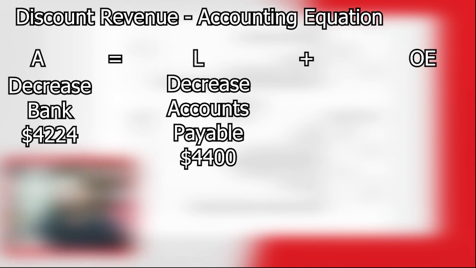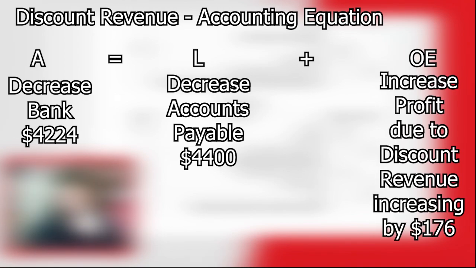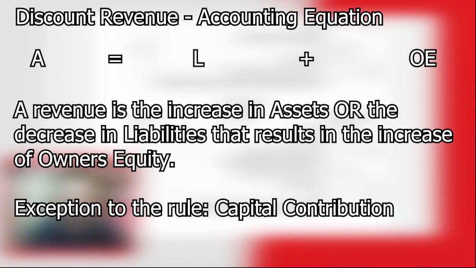But the discrepancy of 176 is an increase in owner's equity, because revenue makes profit go up, makes owner's equity go up. So you can see here we're now balanced at both sides being minus 4,224. And then if we look back to our definition on the screen, we see an increase in assets or a decrease in liabilities.